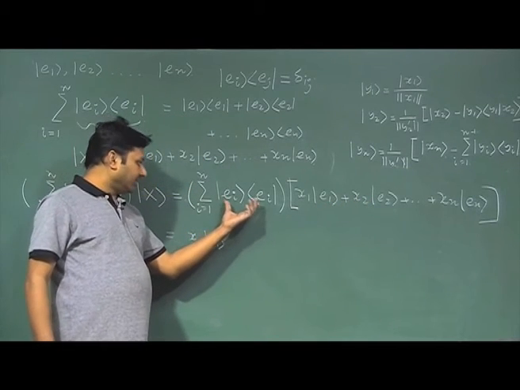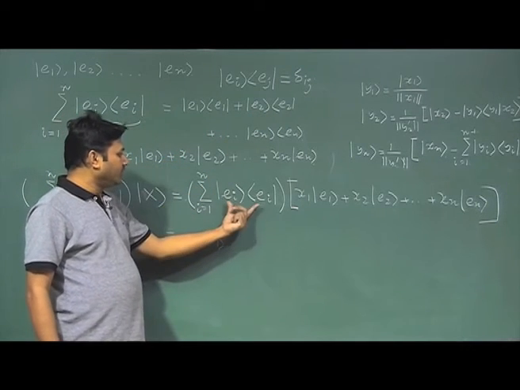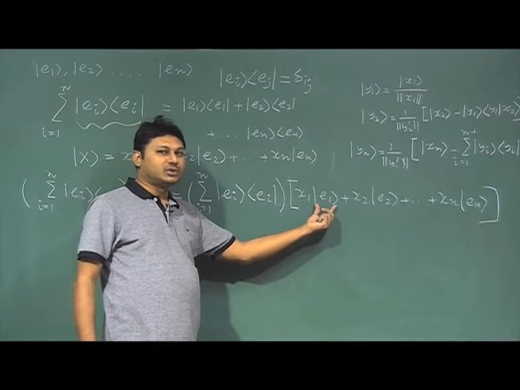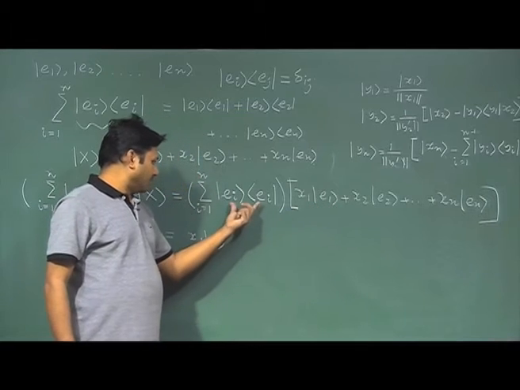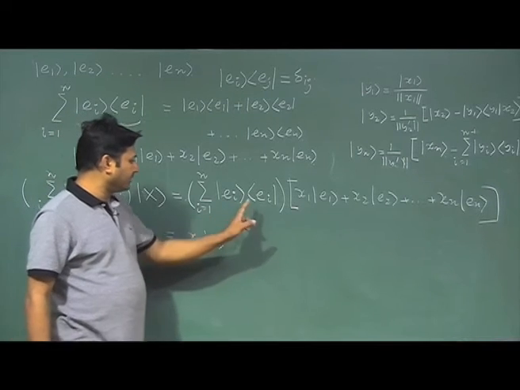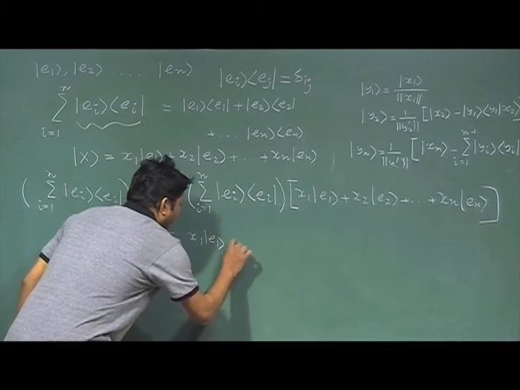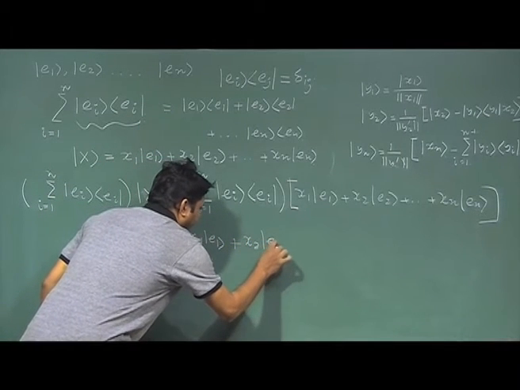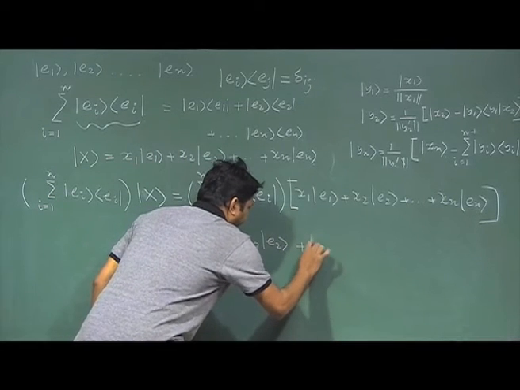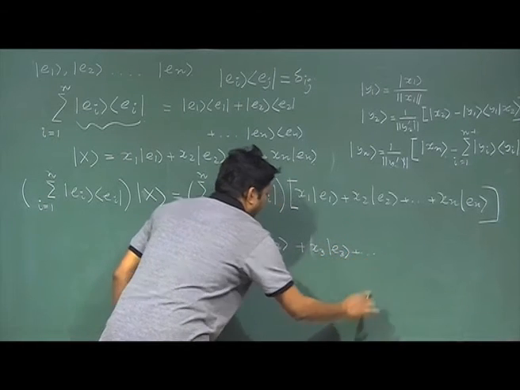The next term, which is E2: when I operate it over the first term, it will vanish, because E2 and E1 give a 0 value. E2 over that gives 1, because this operation gives some non-zero value. So, my next term will be something like this. In a similar way, my third term, which is going to survive, is something like this, up to n.